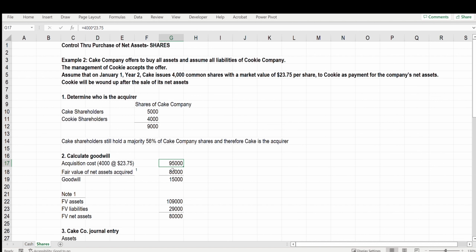The fair value of the net assets is still 80,000. It's similar math: the fair value of the assets and of the liabilities of Cookie Company gives us net assets of $80,000. We plug that in here to get a goodwill of $15,000. So this is still the same calculation as it was for example 1, where we did a cash purchase.